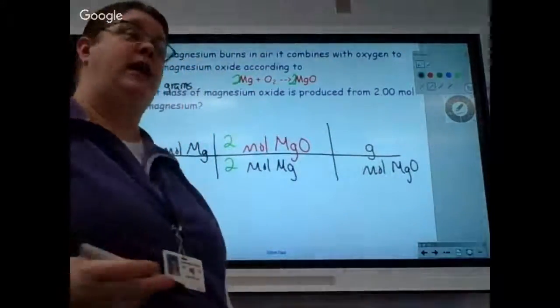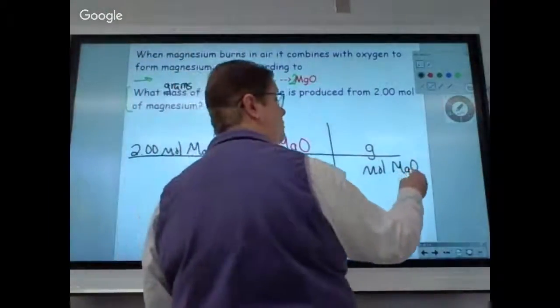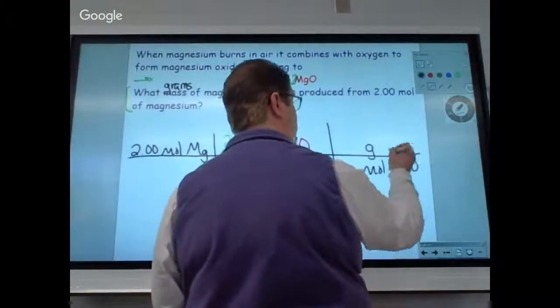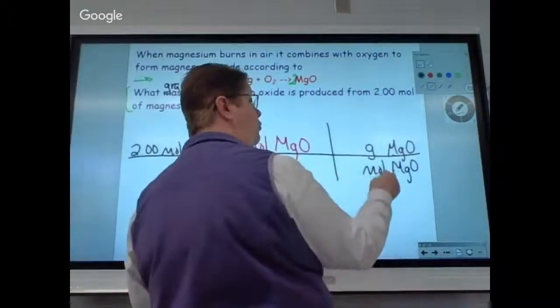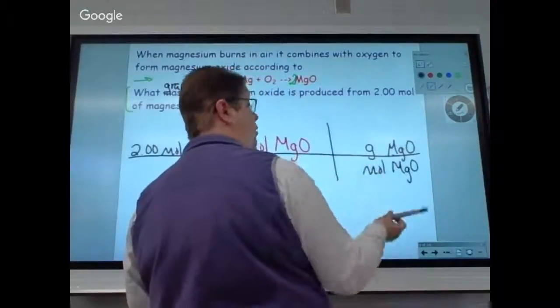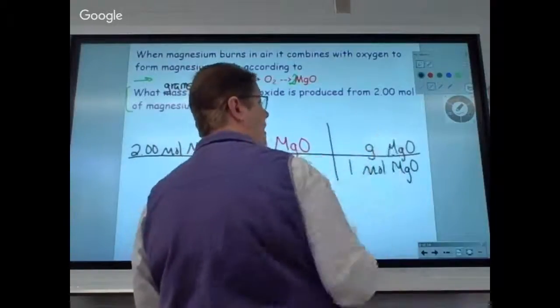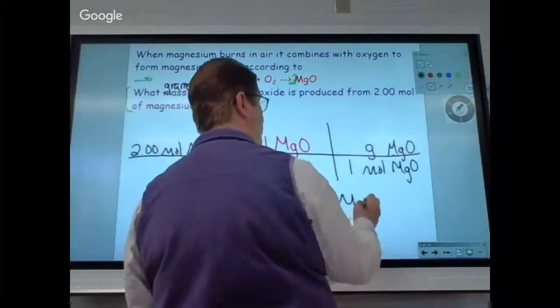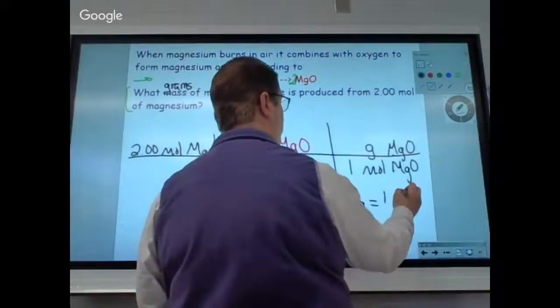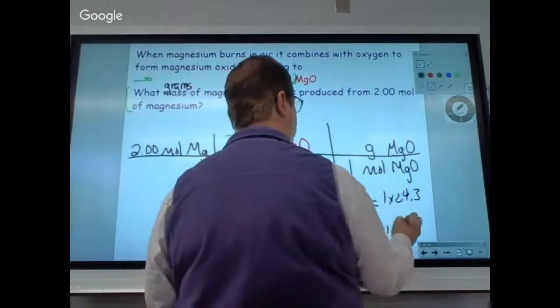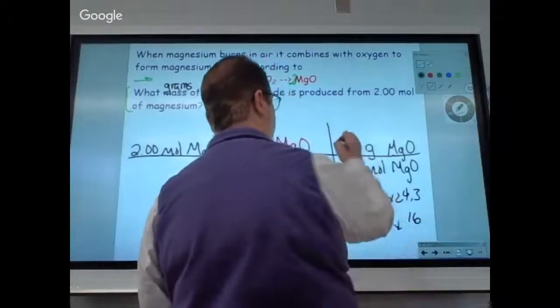No. So we can't change. What compound is this? MgO. So MgO goes right back up there on the top. So this is our old conversion. What goes beside moles? 1. All right. We need the mass of this thing. MgO, 24.3, 16. You get 40.3.